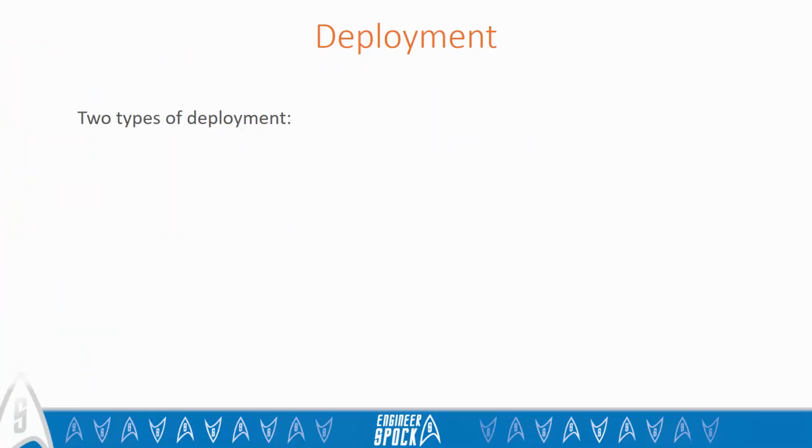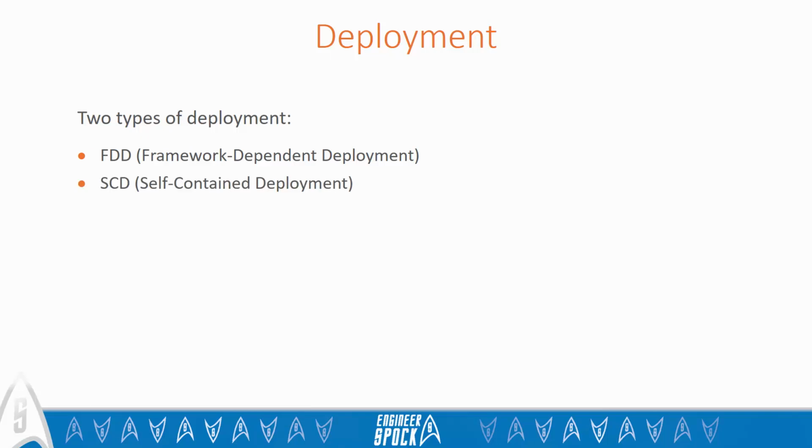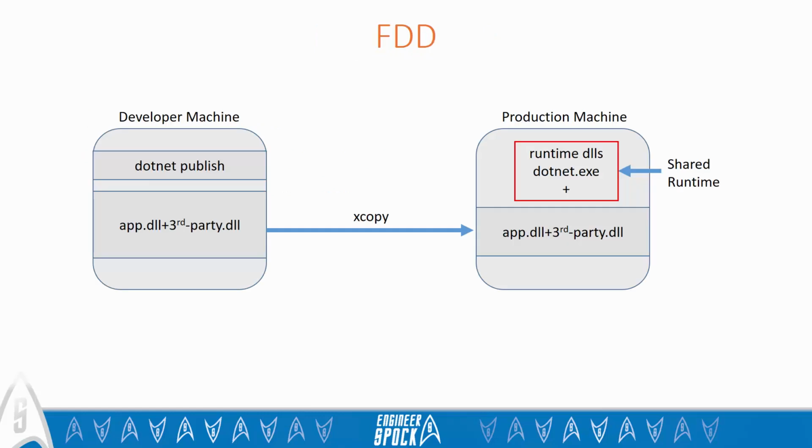We have two types of deployment now with .NET Core. FDD, which stands for Framework Dependent Deployment, and SCD, which stands for Self-Contained Deployment. When we rely on FDD, it means that our application does not include the runtime, so when we deploy our application with FDD in mind, the target machine must have the pre-installed runtime.